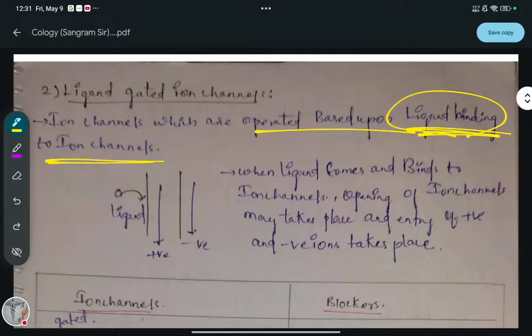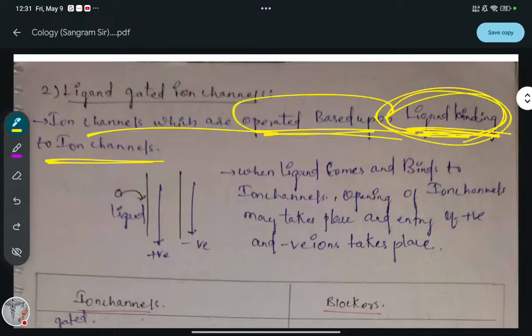So ultimately ligands are drugs or hormones or chemicals. Simply you can say chemical. So ligand gated ion channels are the ion channels which operate based on the ligand binding to the ion channel.